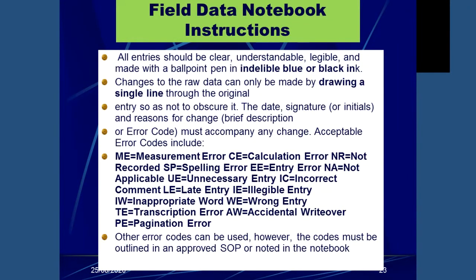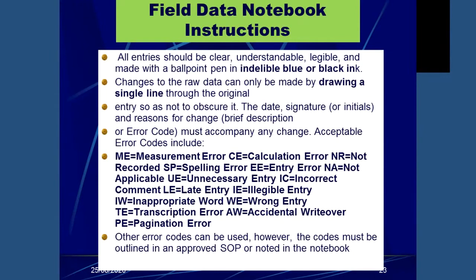So at the beginning of the notebook, it has instructions. And these are some of the instructions. All the entries should be clear, understandable, and made with pen. If you have to make changes to the raw data, draw a single line through the original. Okay? Make sure you don't obscure it.